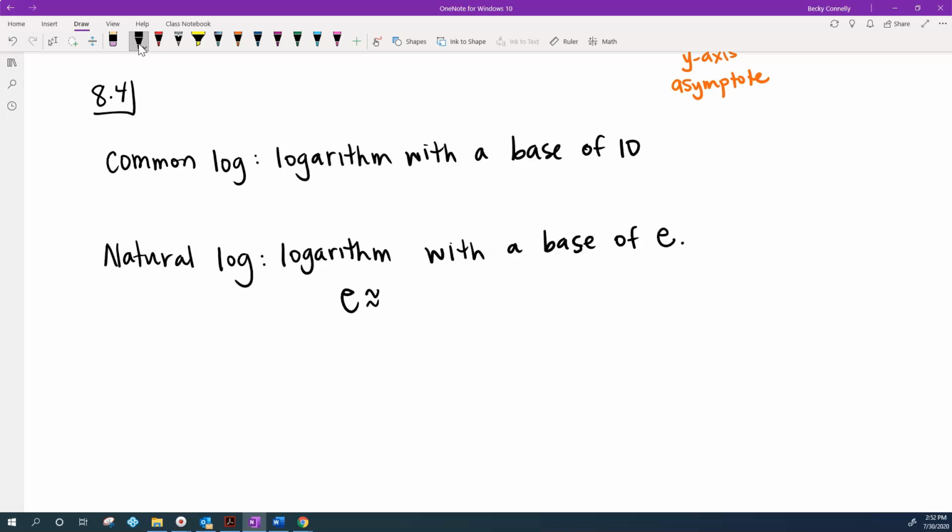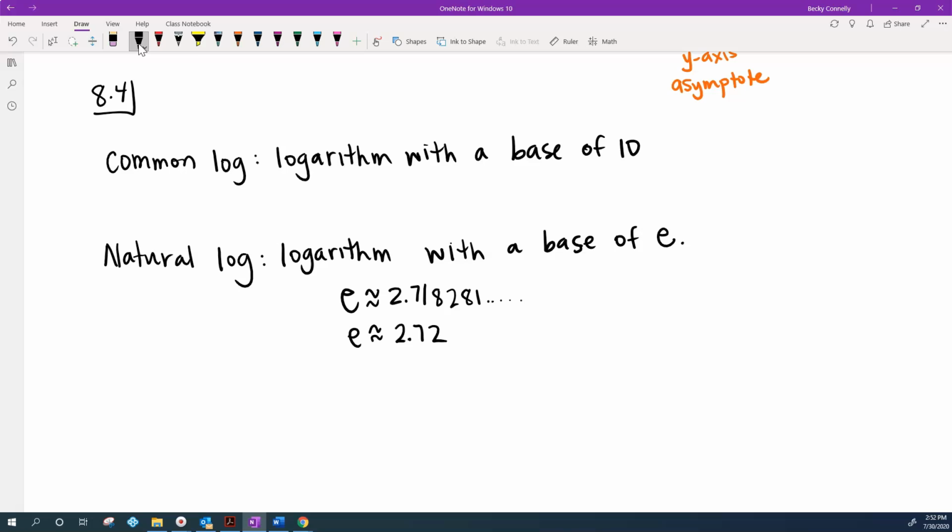E is that same kind of number, but it is 2.718281 and so on. It just keeps going and going. So we usually say e is approximately 2.72.